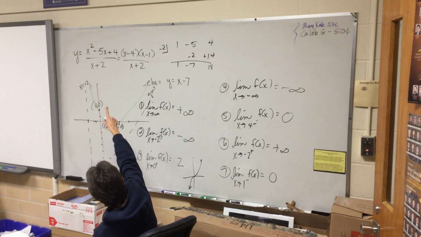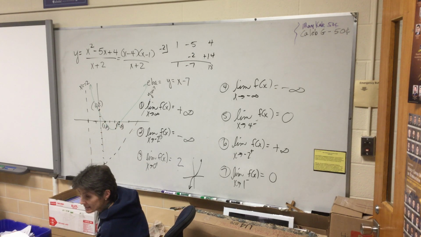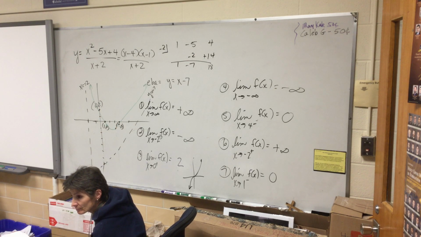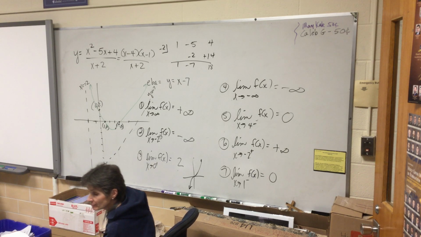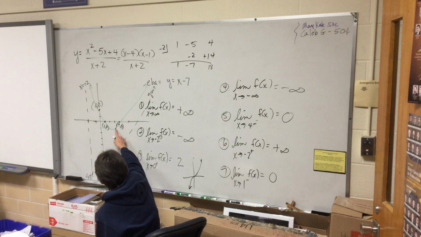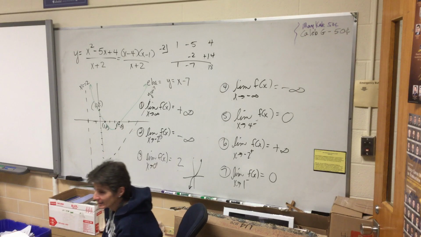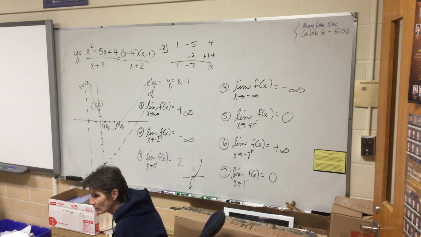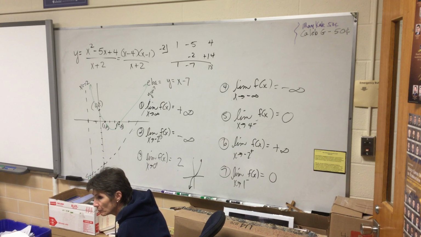So I would have to go up to the problem and plug in 3 to get the y coordinate. Okay? Because x equals 3 is just going to be a point on that graph. I just don't have it labeled. So I'd have to figure it out if I wanted it. Yeah, but if it's not a point, then it has to be like one of the asymptotes. Yep. Correct. Okay.